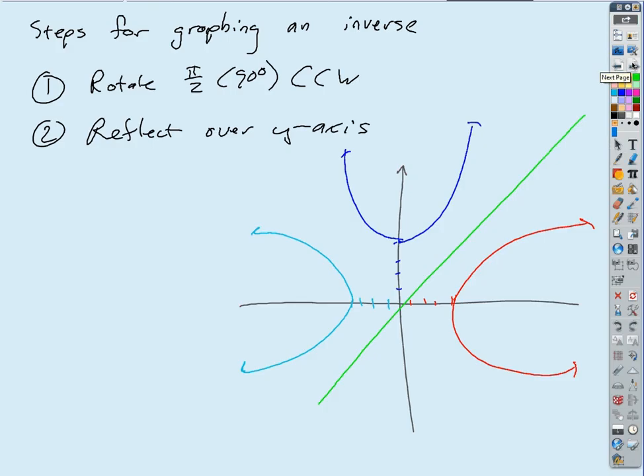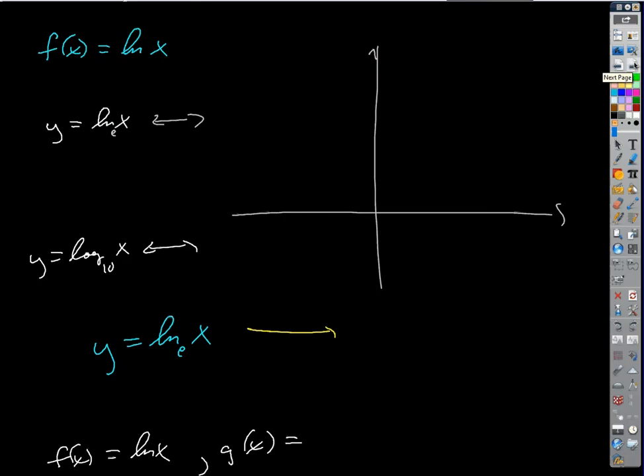So what's the significance of this? Let's talk about logs now. Don't worry about the bottom part. We'll start with the natural log. So if f of x equals log x, what's the graph of log x look like? Let's graph that. Where's it asymptotic?